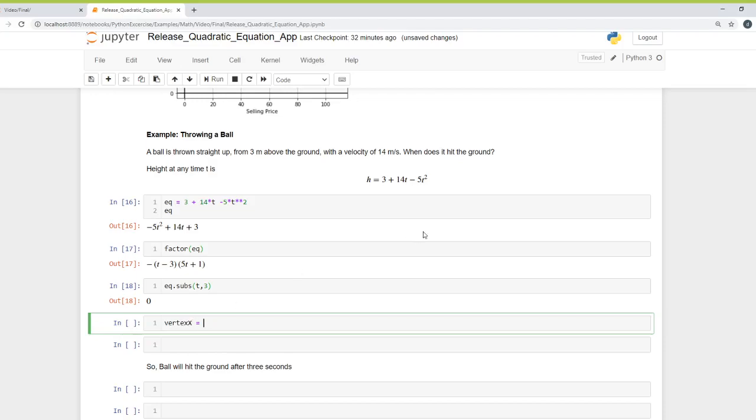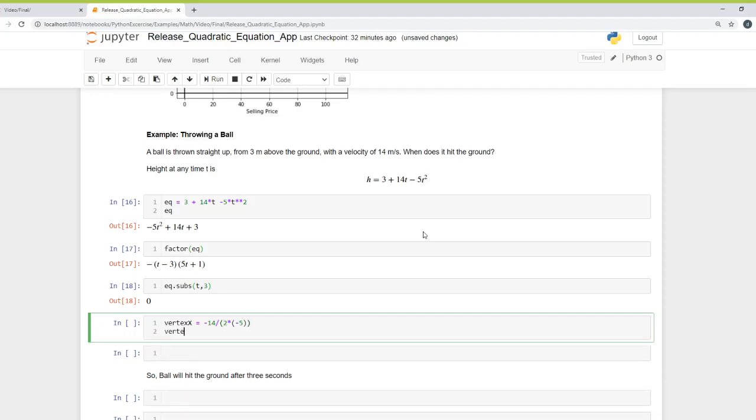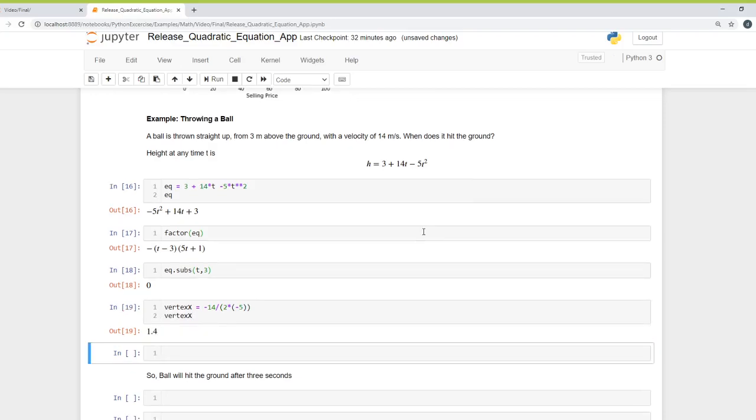Minus b is minus 14, divided by 2a, 2 times a, which is minus 5. Vertex x: at time 1.4 the ball will reach the maximum height.